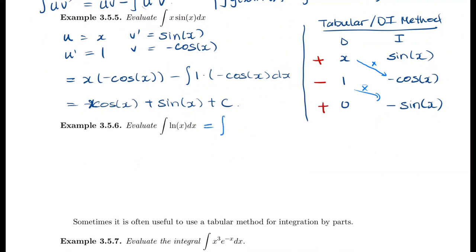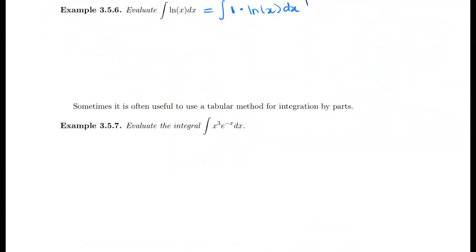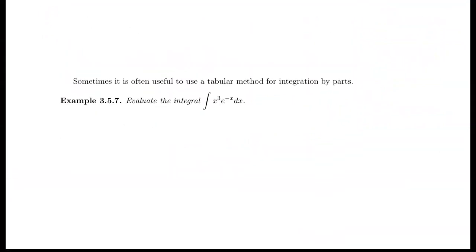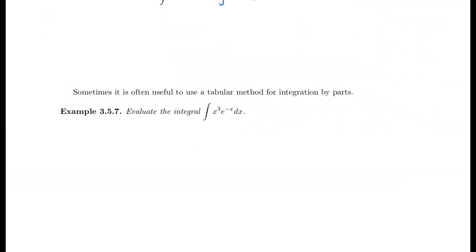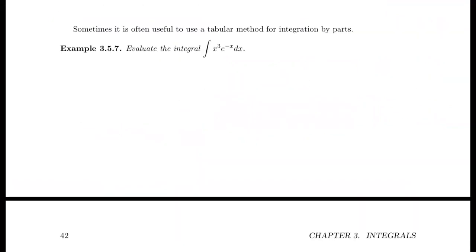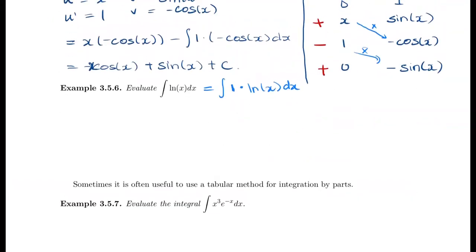If we write the integral of 1 multiplied by ln of x dx, that should make it a lot easier to look at. Let's use the standard method for this one, because the next few examples would involve integration by parts using the tabular method.